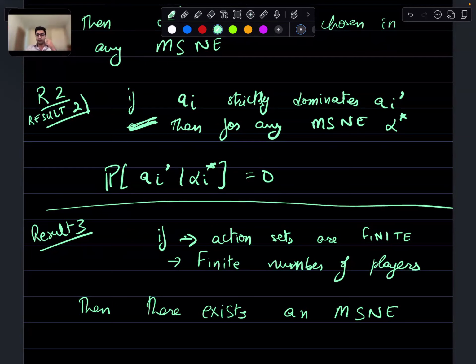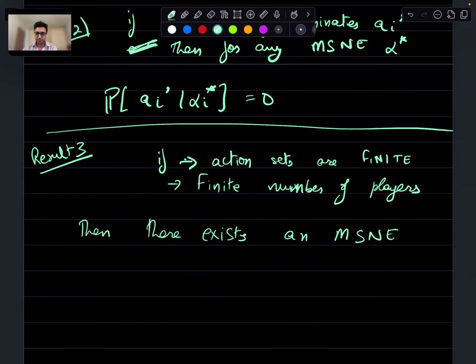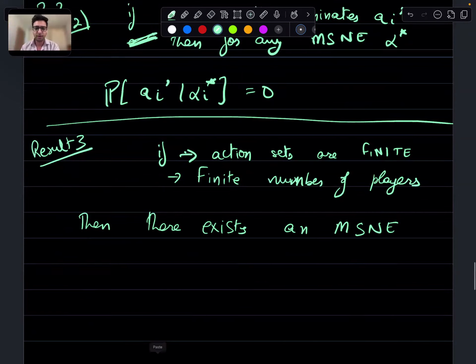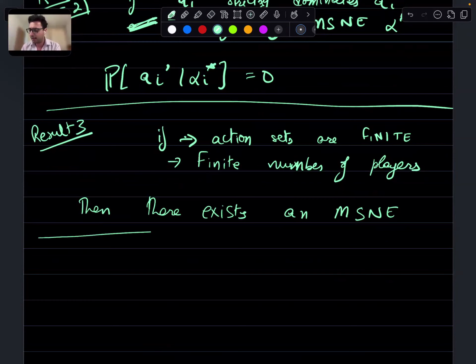But a mixed strategy Nash equilibrium, if you're writing a payoff matrix, has to exist. Because if you've got a payoff matrix there, then it has to be finite actions. Otherwise, you don't have a payoff matrix. And, well, two players, which is finite. Otherwise, you don't have a matrix. So as soon as you have finite action sets for finite players, you have to have at least one mixed strategy Nash equilibrium. I won't go into the proof of this. This is just a simple fixed point theorem.